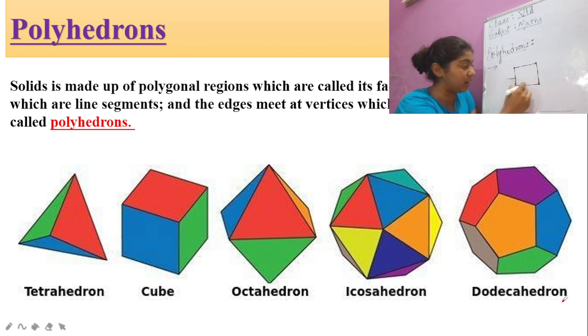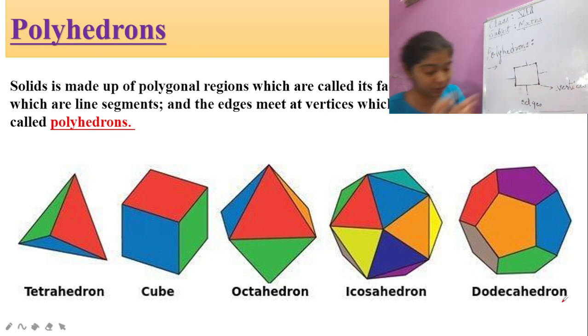And these are the edges, the line segments, and the dotted points are the vertices, right? And this front part is a face. So these are polyhedrons which have faces, edges and vertices, and they are made up of these solids, so we call them polyhedrons.